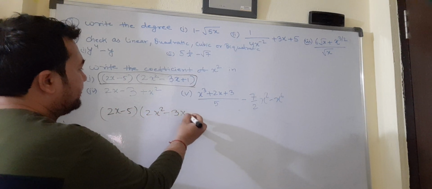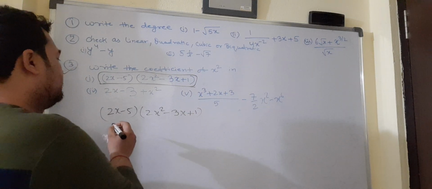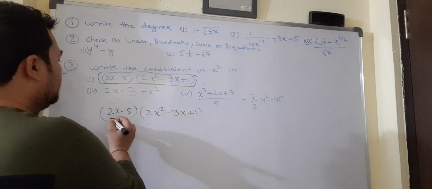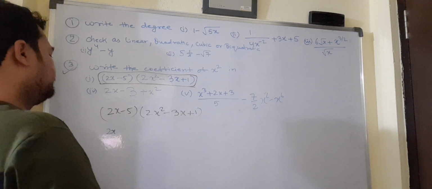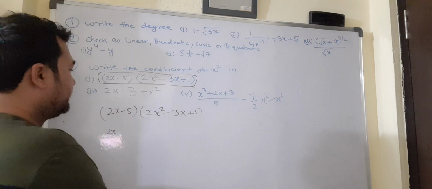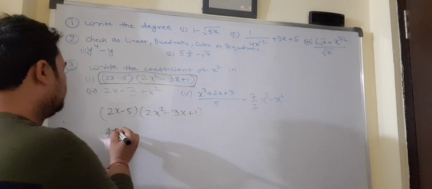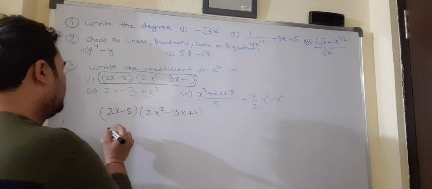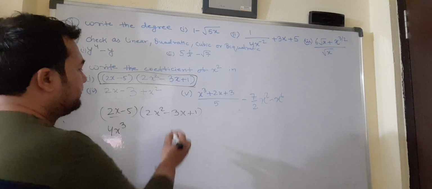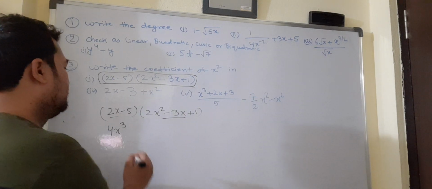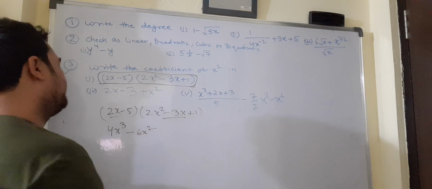This is what you are given, isn't it? So this 2x will multiply with these whole terms. 2x multiplied by 2x square will give you 4x cube. This 2x will again multiply with this term, and you will get minus 6x square.